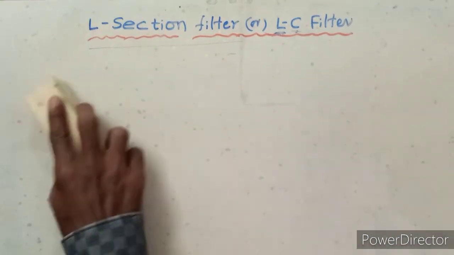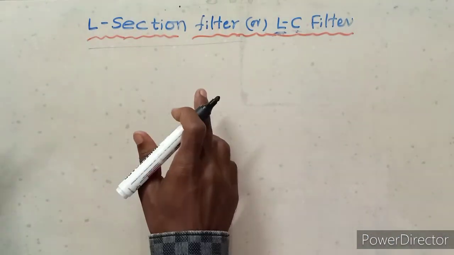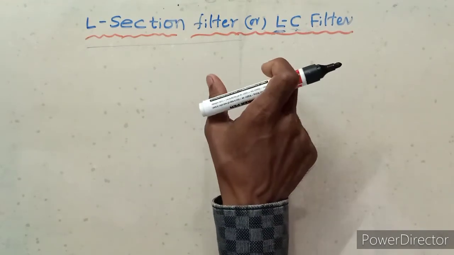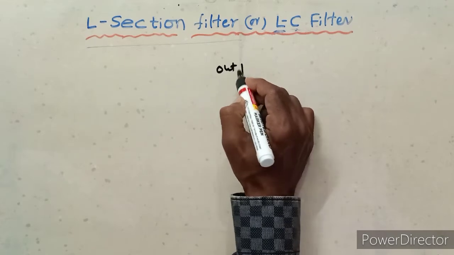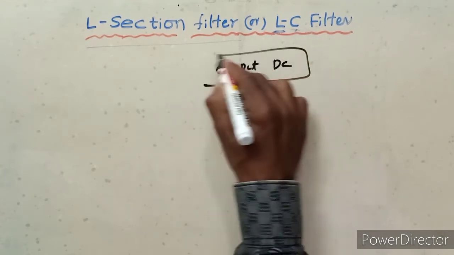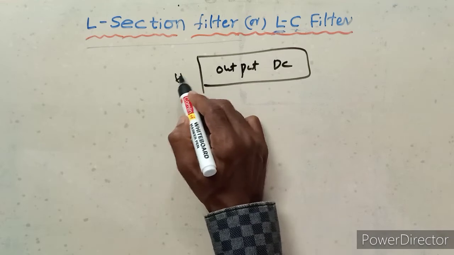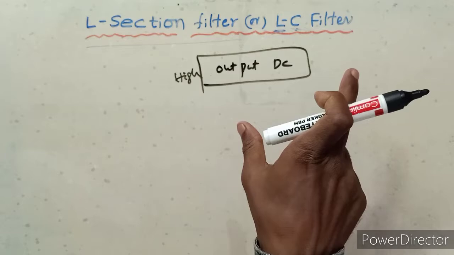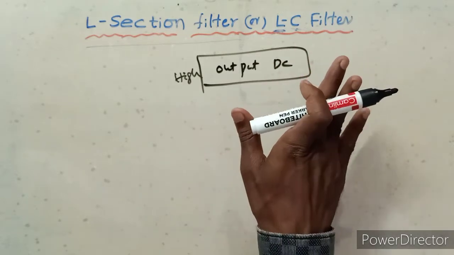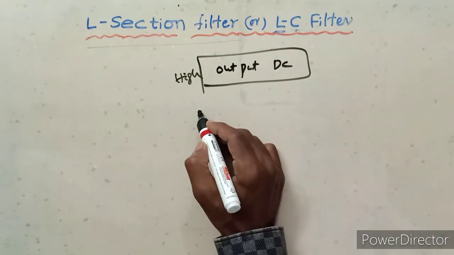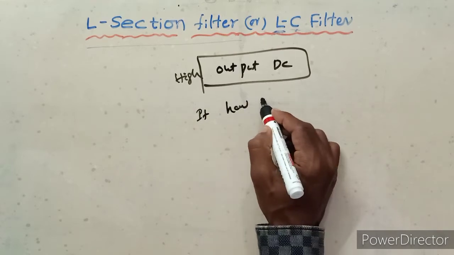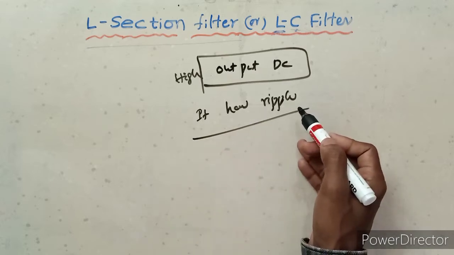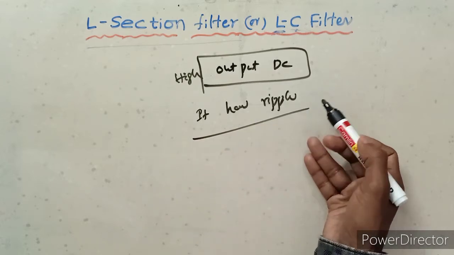Advantages of this L section filter: the choke input LC filter has a high output voltage. This is the high output DC voltage. It has low ripple. If it has low ripple, then we get the pure DC.